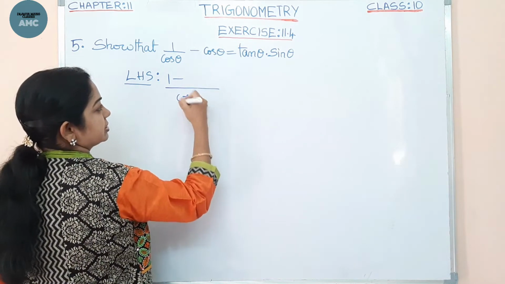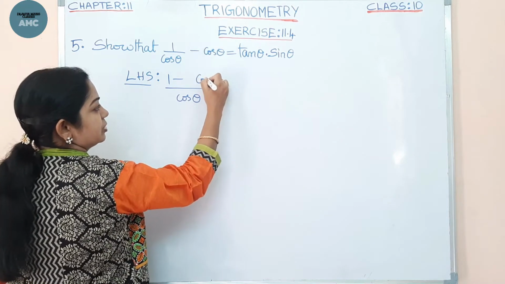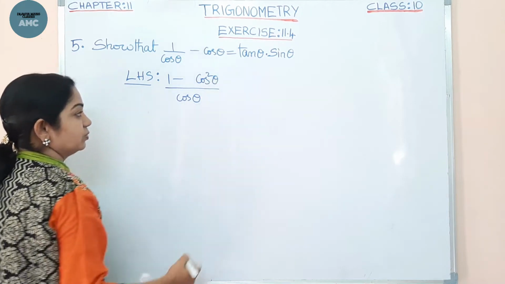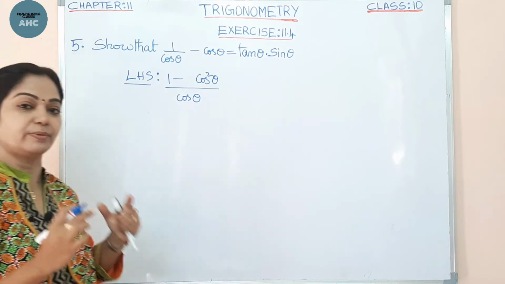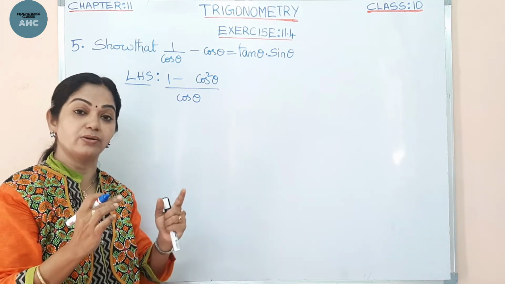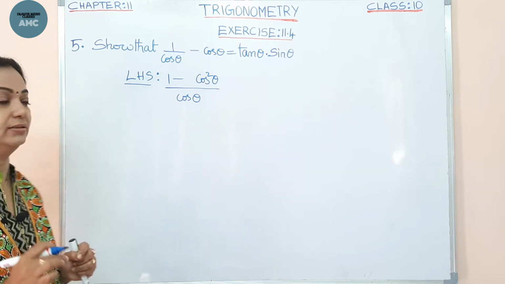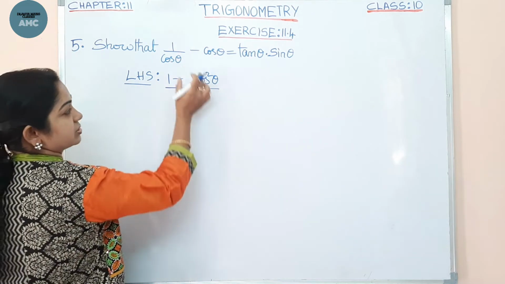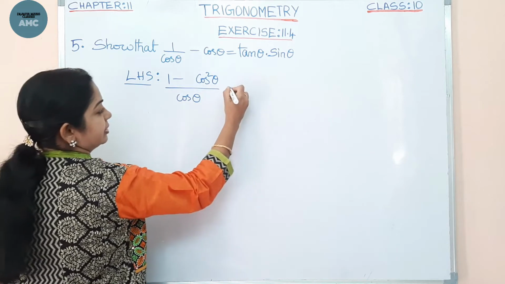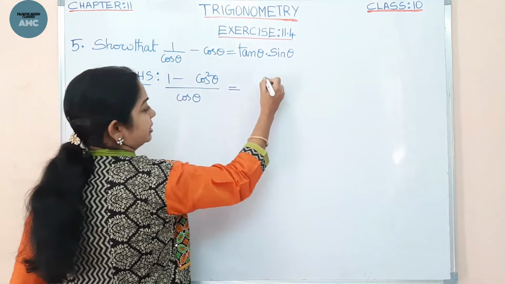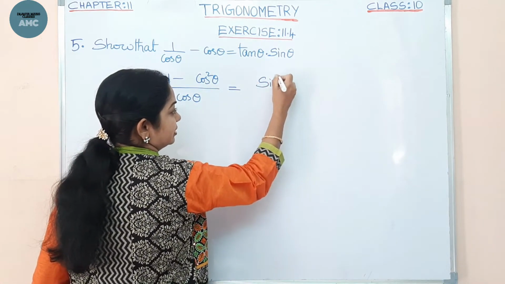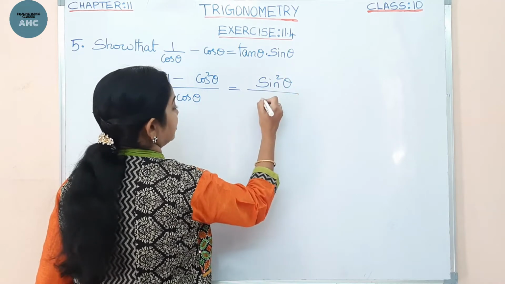So 1 into cos theta, so cos theta into cos theta comes to cos theta whole square. So we don't write for the trigonometric ratios cos theta whole square or cos theta square, we just write cos square theta, right. 1 minus cos square theta after taking the LCM. Now here 1 minus cos square theta is sine square theta by cos theta.